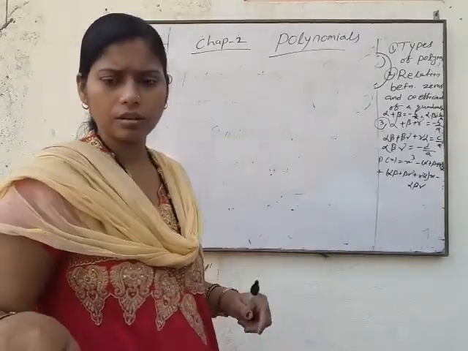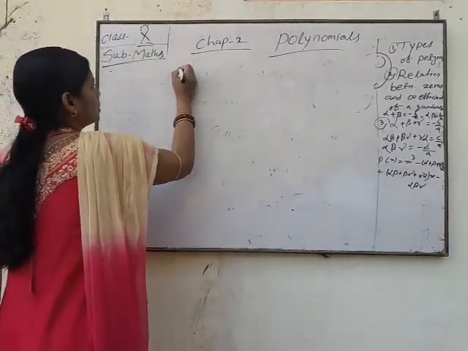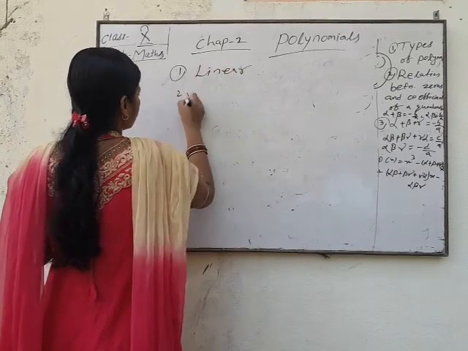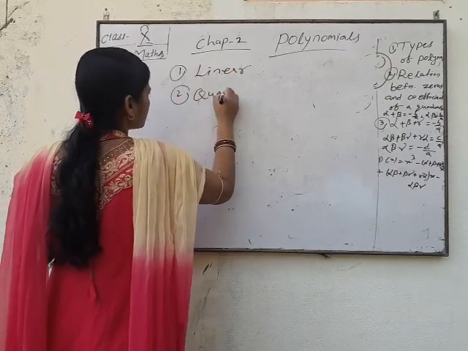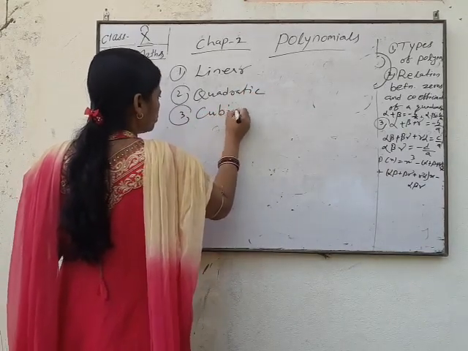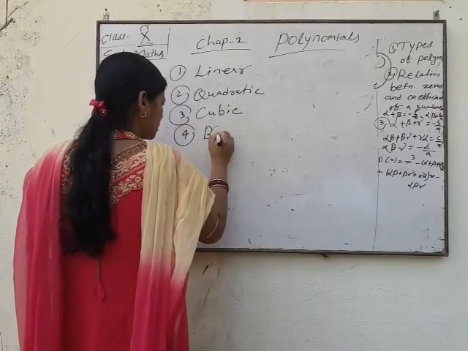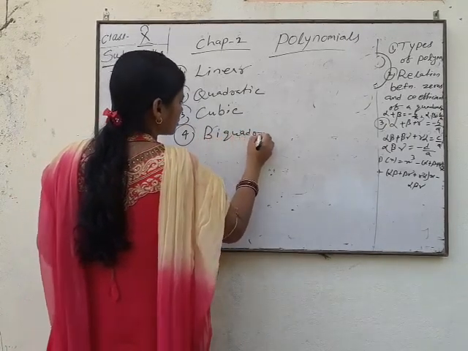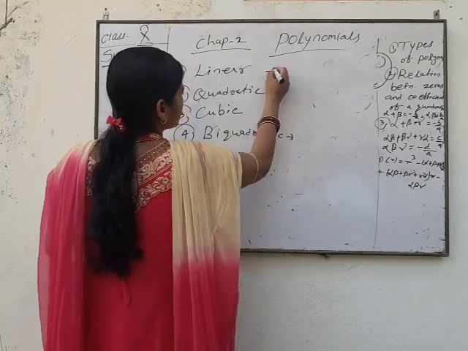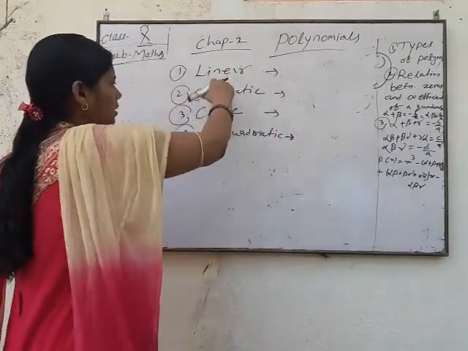Actually, there are 4 types with special names: first is linear, second is quadratic, third is cubic, and fourth is biquadratic.